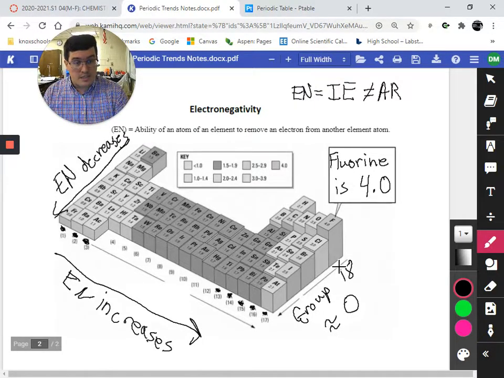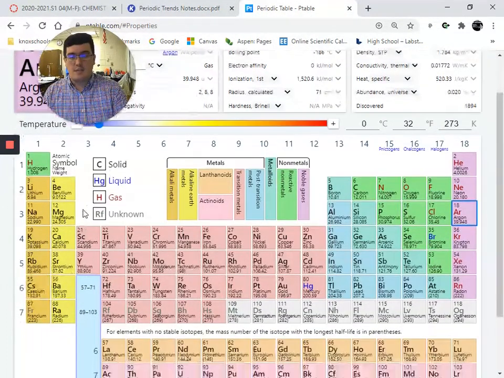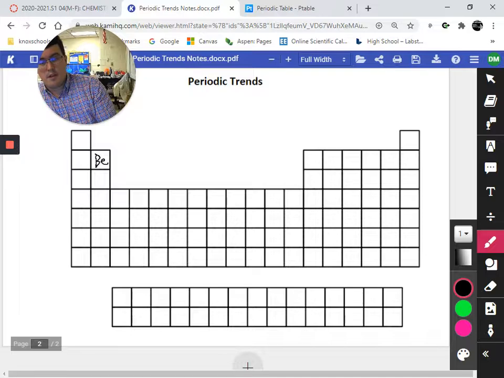So how do you use this? Well, if you look down here, we got a nice blank periodic table. I'm going to pick two elements off the real periodic table, two I like, nice and alliterative, beryllium and barium. Beryllium's here, and barium's down here. If I want to compare their atomic radiuses, beryllium's at the top, barium's at the bottom.